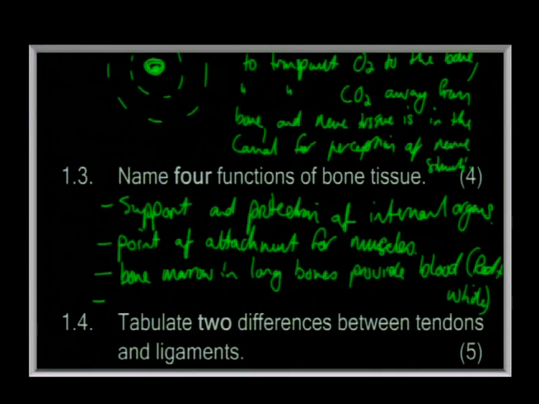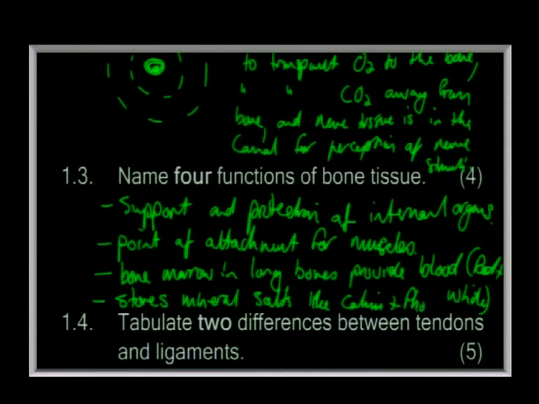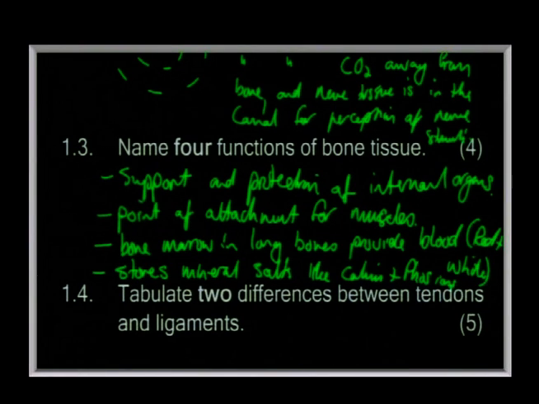I think the easiest one to write here would be stores mineral salts, like calcium and phosphate ions. So support and protection of the internal organs, point of attachment of muscles, bone marrow in the long bones provides the blood, so we have red and white blood cells, and it also stores minerals like, for example, calcium and phosphate ions.